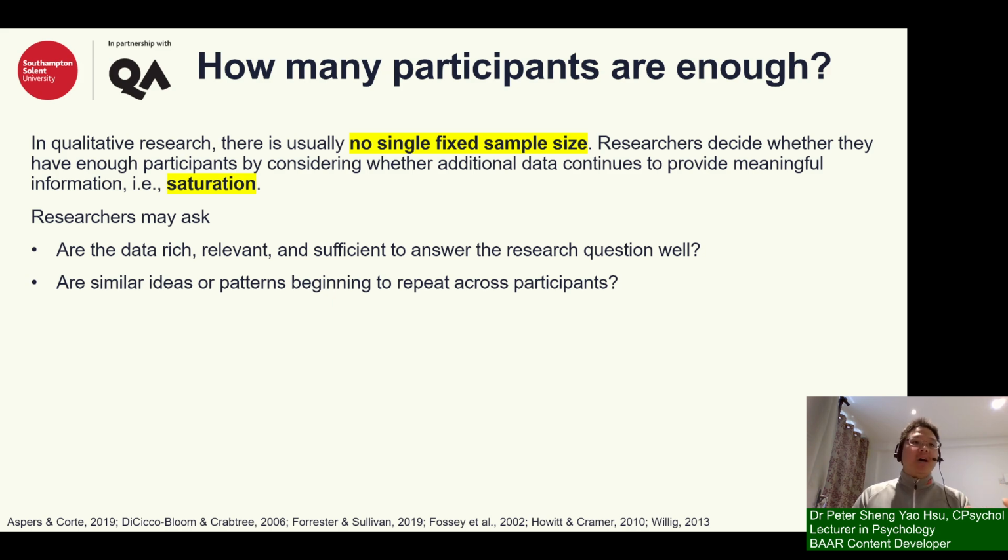A study with a narrow research question and rich interviews may need fewer participants than a study with a broad question and a highly diverse sample. So, sampling in qualitative research is not about simply collecting as many participants as possible. It is about collecting suitable, meaningful, and sufficiently detailed data.